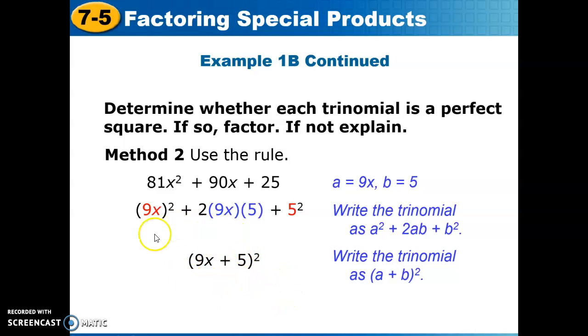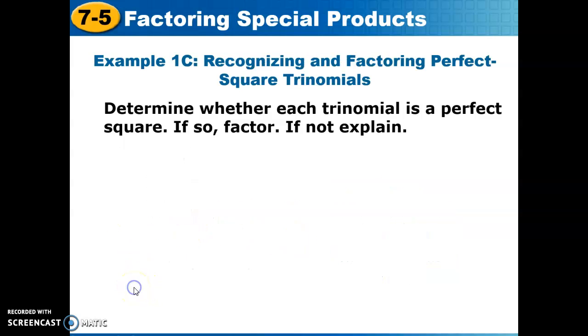This is the factored answer. So it's a matter of following the formula. Now, if I were at school writing on the smartboard, I would probably write this formula here and set it equal to this, because that's really what we're doing.